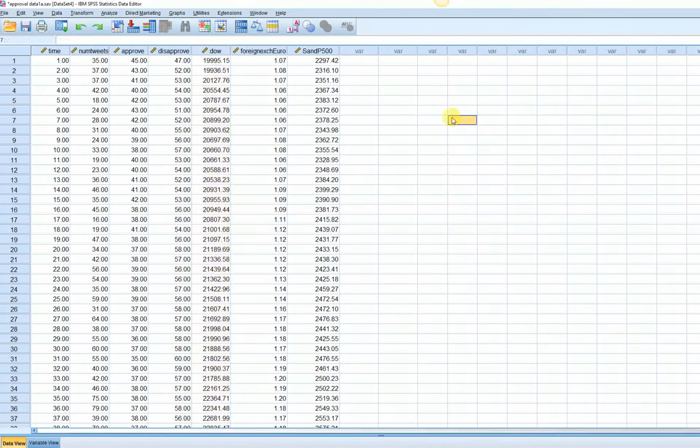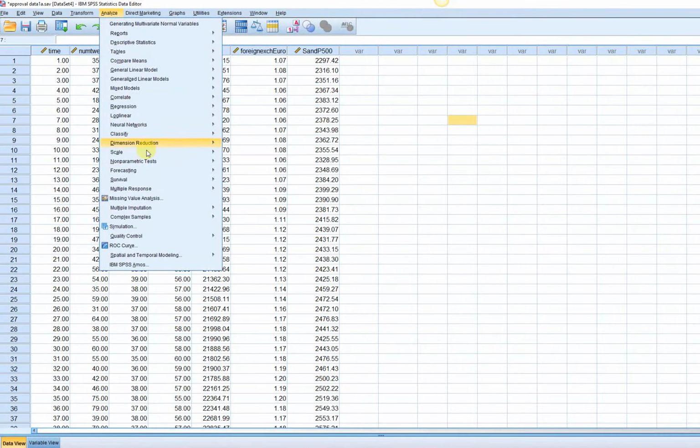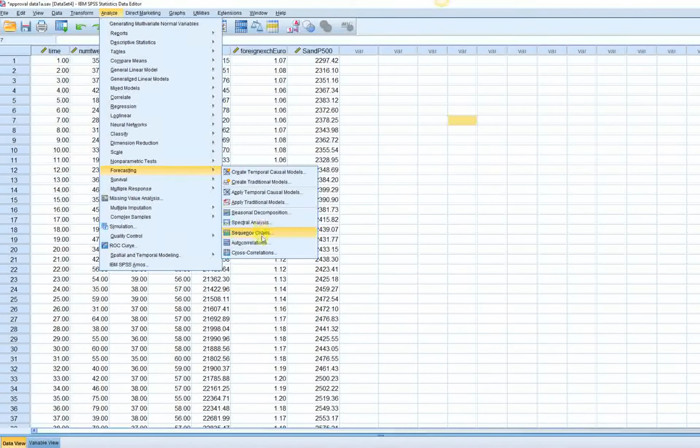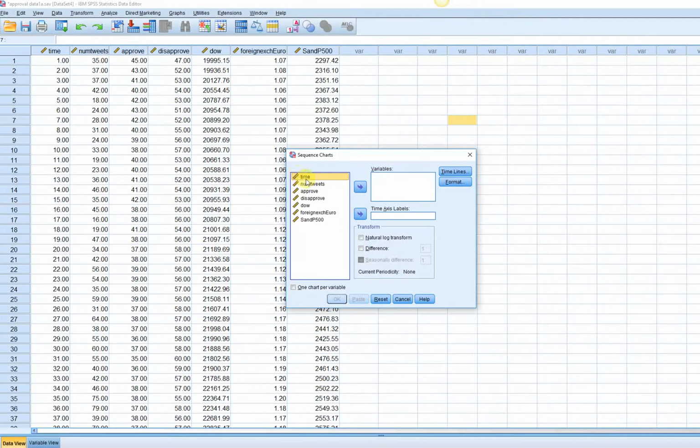You can get a visual on that by going to Analyze, and under Forecasting, you'll notice it's got sequence charts. If you click on that, we'll move our time variable over to the time axis, and then we'll also add number of tweets, approval, and the Dow. And I'm also going to ask for one chart per variable.